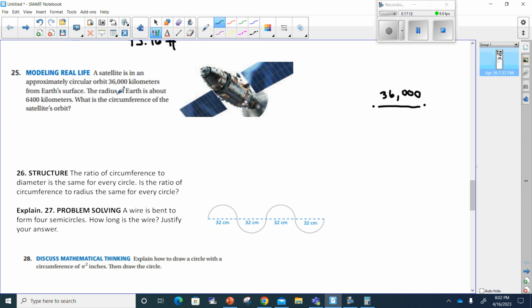The radius of Earth is about 6,400 kilometers. So this is Earth here, and the radius, which is only half, is going to be 6,400.